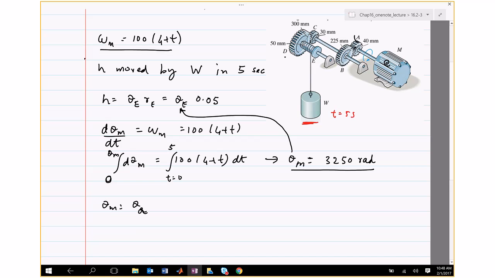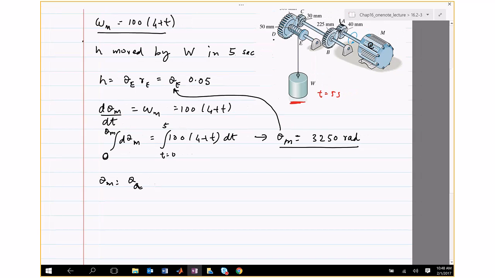Now gear A is connected to gear B, so I can use the formula I used earlier to relate the motion of A with B. I'd written velocity equals omega r, so omega r is a constant.